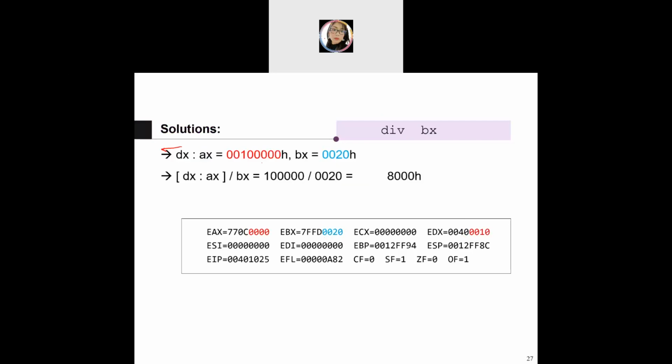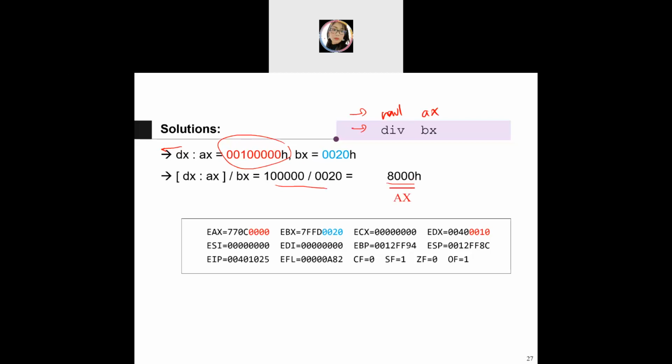And what you need to do, you're going to divide this value, which is continued. Just now we have this on top of our command of our program. So here is the next code. You're going to divide it and you will get 8000.